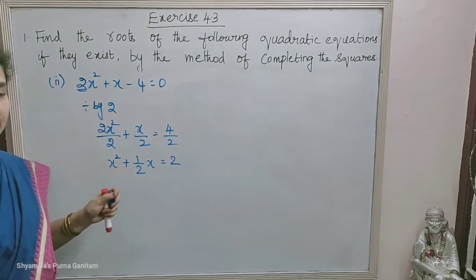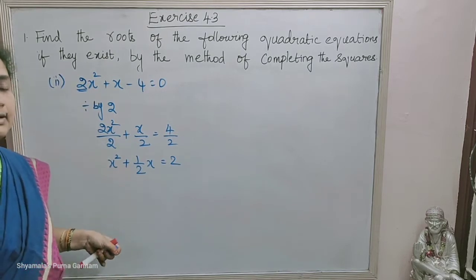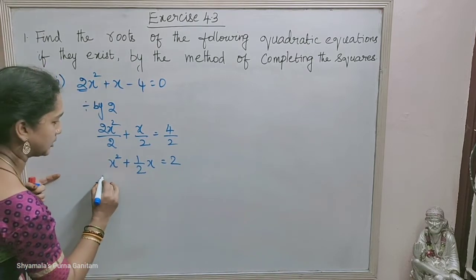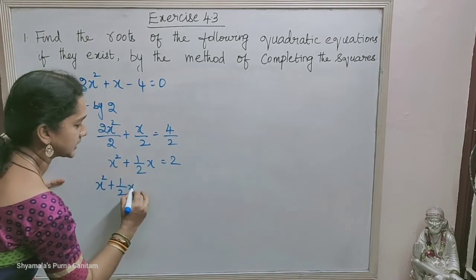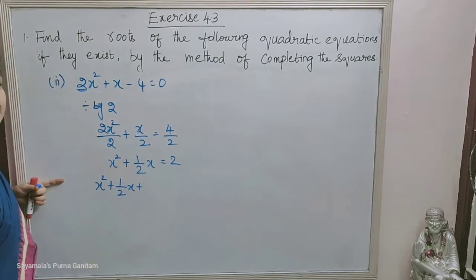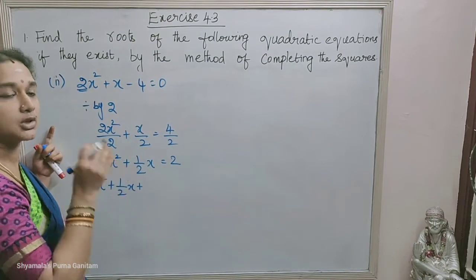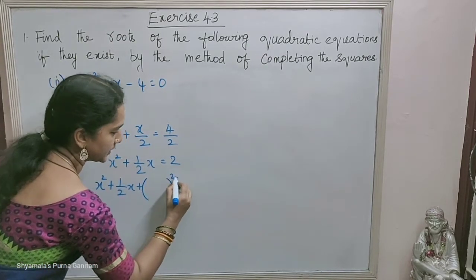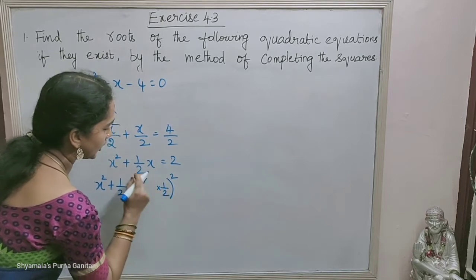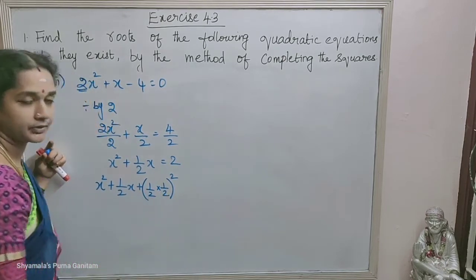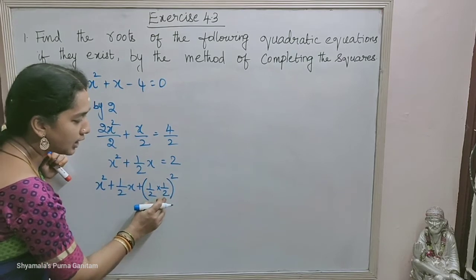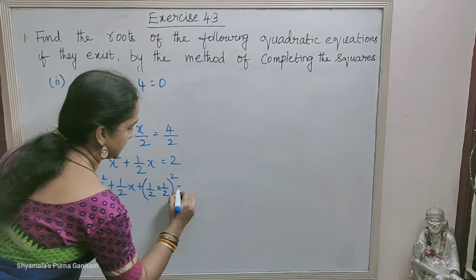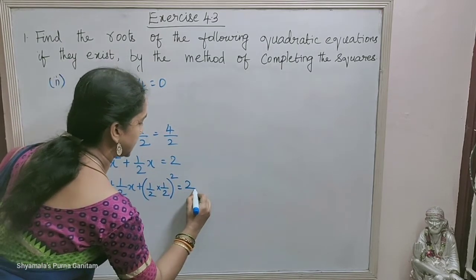This is the next step. Then we have to add the square of half the coefficient of x. The coefficient of x is 1 by 2, so we add the same thing to the other side also.